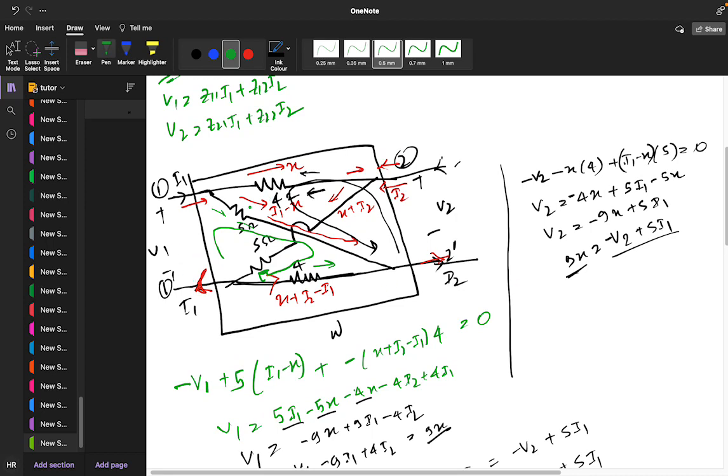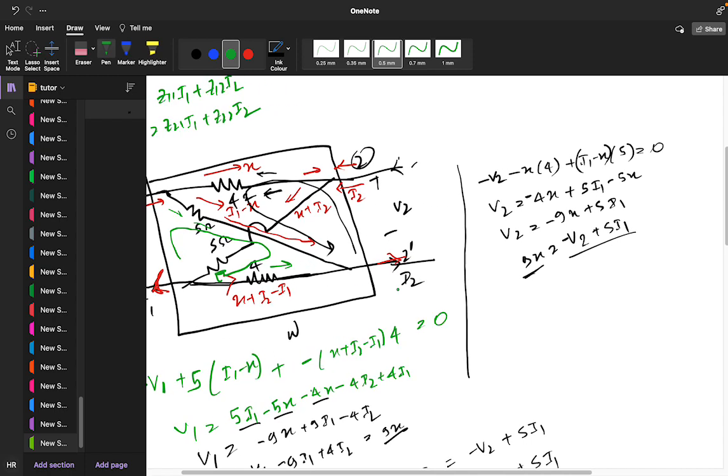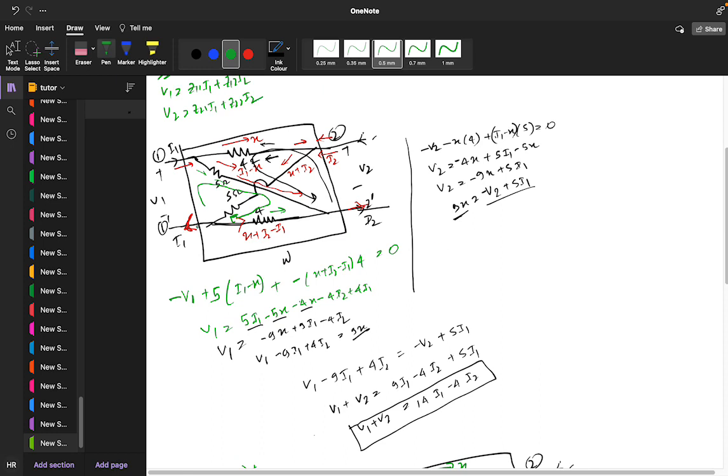Prasanna, what will be the KVL equation in this? If we solve the KVL equations, we have a current I1, right? Current I1 is there, and this X is there. So I1 minus X will be there only. This is 5.